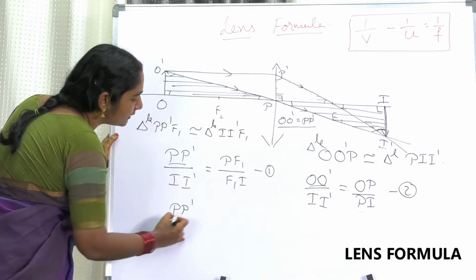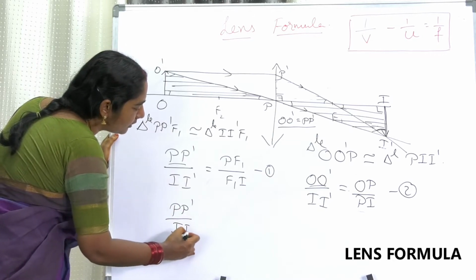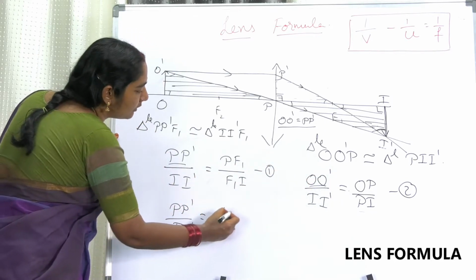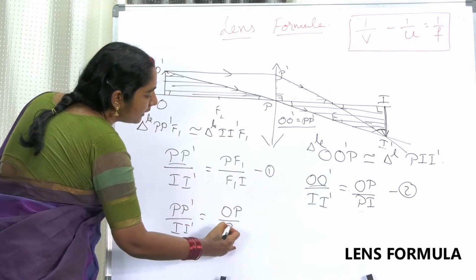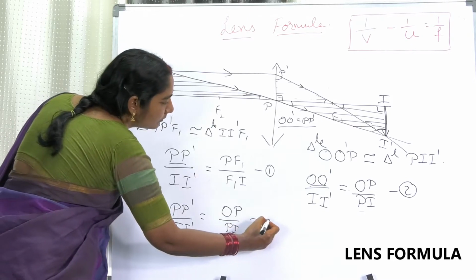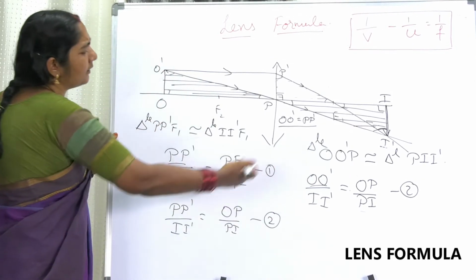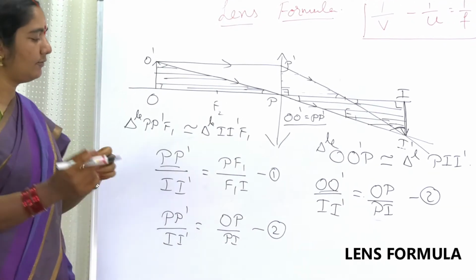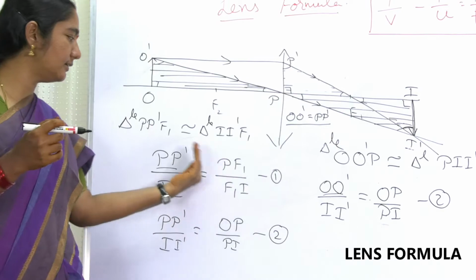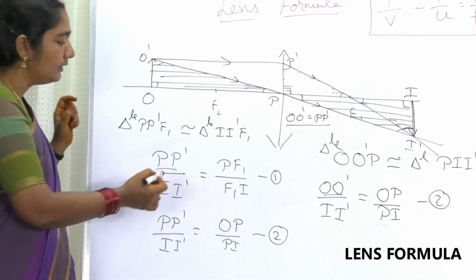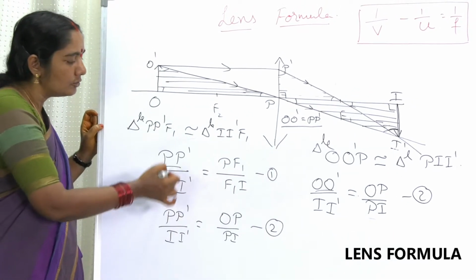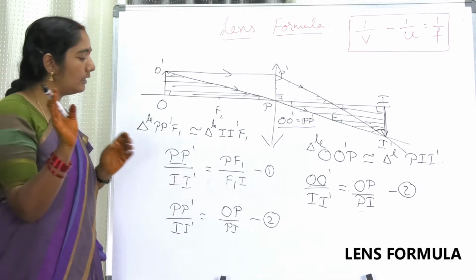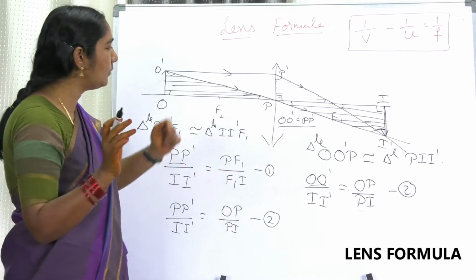Now P dash by I dash is equal to, replacing it with this, OP by PI. This is equation number 2, both are the same. So from this you observe that this is the left hand side and this is the right hand side. These two sides are equal, so definitely these two sides will be equal. When the right hand sides are equal, the left hand sides can also be equated.